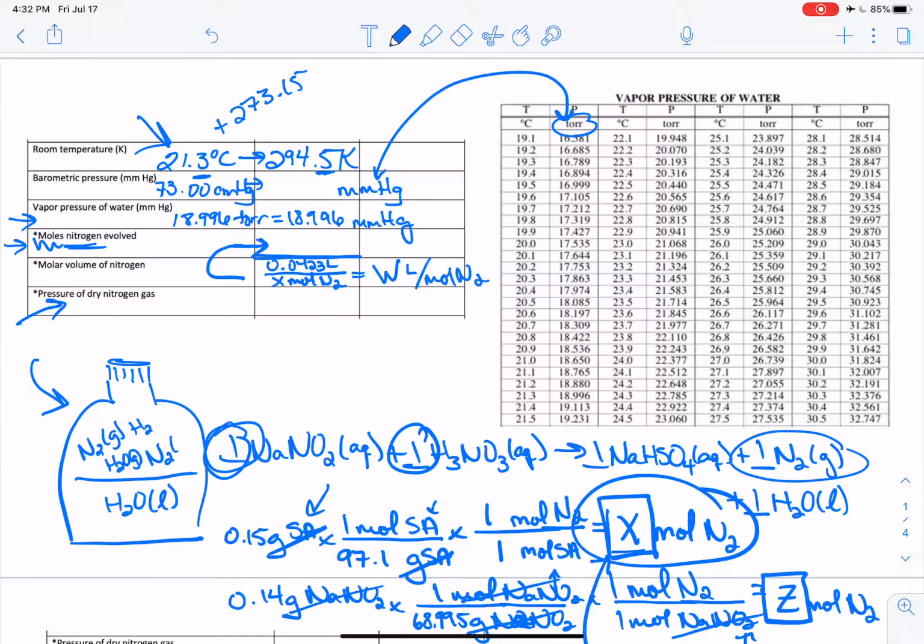The pressure that you guys are reading on the barometer, that circular gauge that we looked at up here, is going to be equal to the pressure of your nitrogen gas up here, plus the pressure of the water vapor.